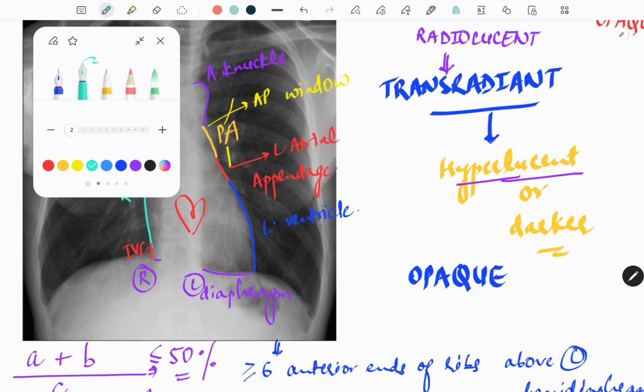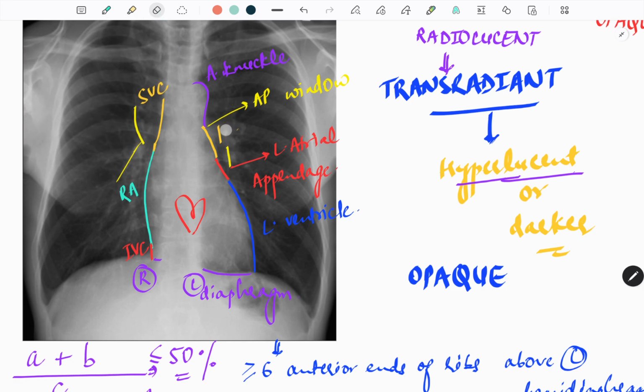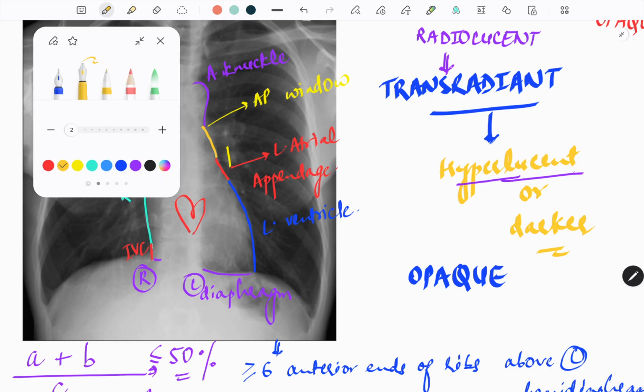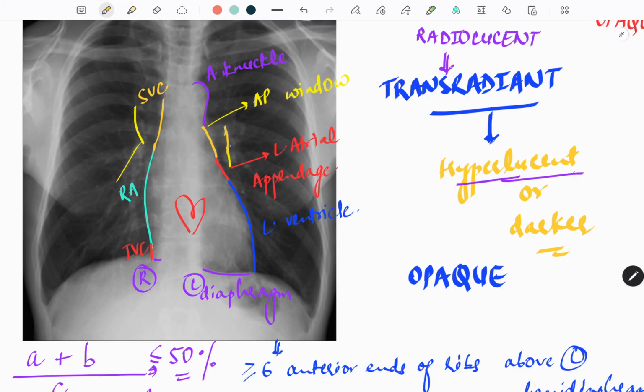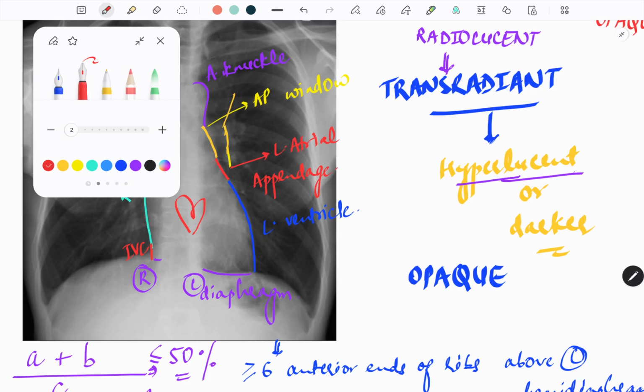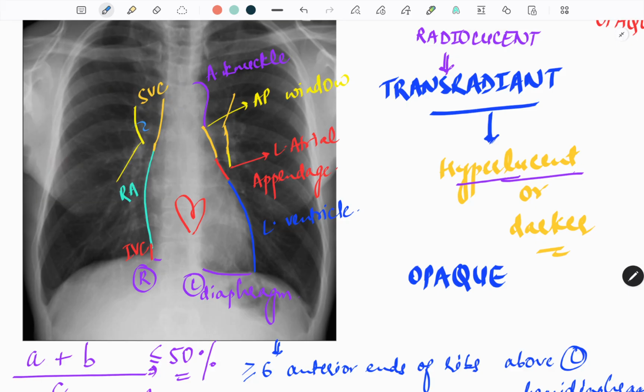So we'll make the hilar V points here. This is the V point of the right side, this is the V point of the left side.